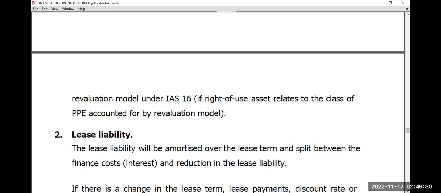We get the component of interest and the component that is actually on the principal of the lease amount. Because what will happen in this lease, when the money is going to come in the future, the person will charge you more than what you are going to be paying right now.